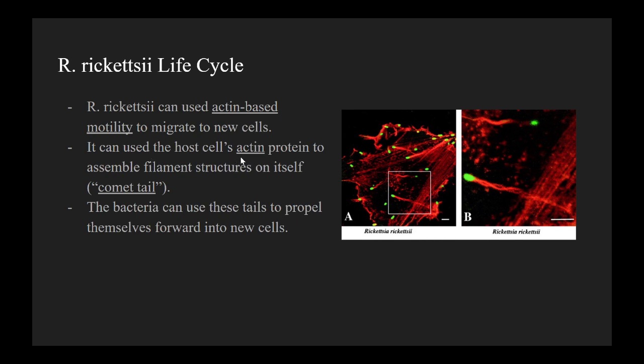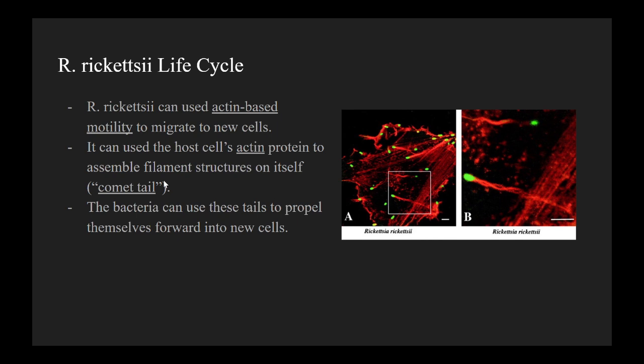Actin is normally used in the cytoskeleton, so within our cells, it makes this framework, a skeleton that supports the structure of our cell and maintains the rigidity. But it can take some of that actin protein and start building multiple filaments at one of its ends, like this. As you can see, this actin has been stained red and the bacterium has been stained green here.